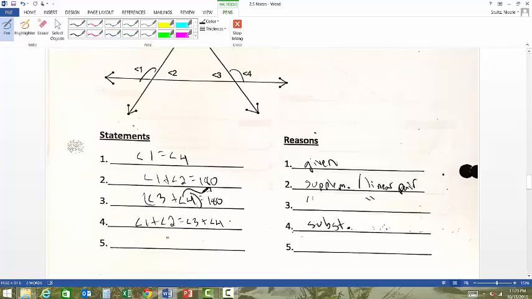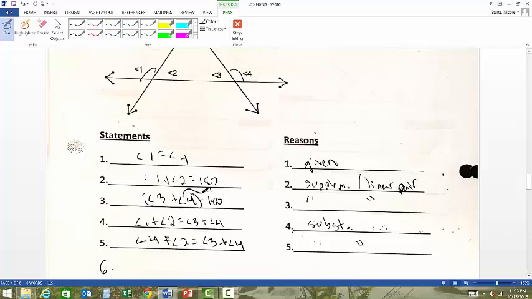And since these are all different, there must be something I can replace so that I can do some subtracting. And since angle 1 and 4 are the same, I can change them in and out as I please. And again, that's just substitution.